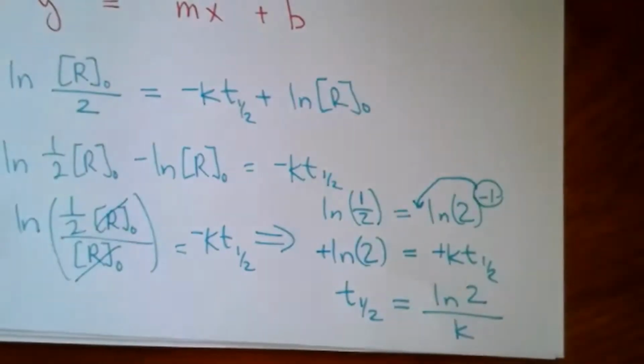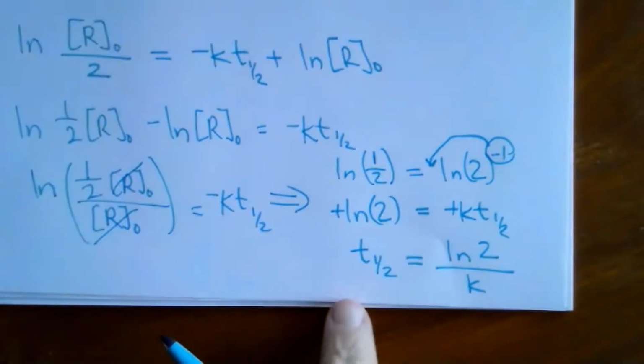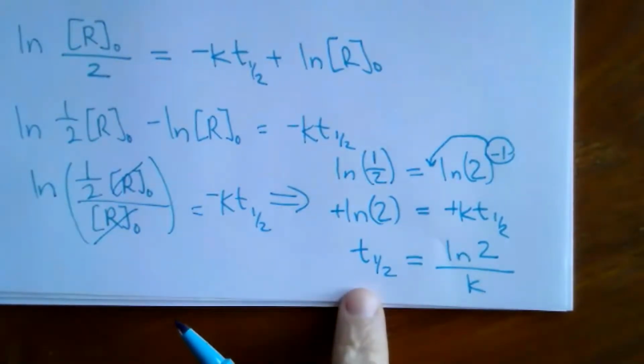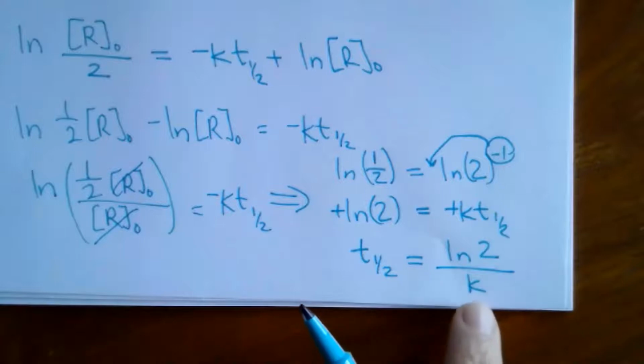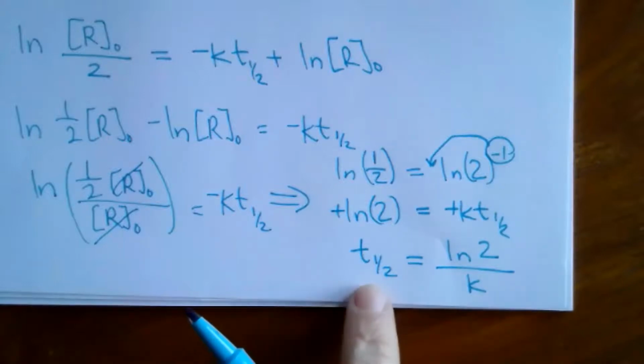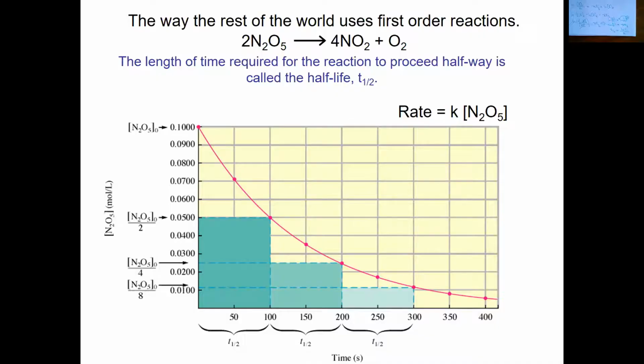So this half-life equation is only valid for a first order reaction. So for a first order reaction, if I know how long the half-life is, I can calculate k. If I know what the rate constant is, I can calculate how long the half-life is. So back to our equation, this is first order. I know my half-life for this specific pink trace is 100 seconds. So ln of 2 over 100 seconds gives me a k, a rate constant value of 0.0069.